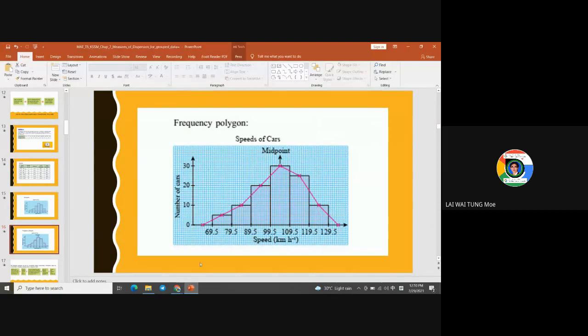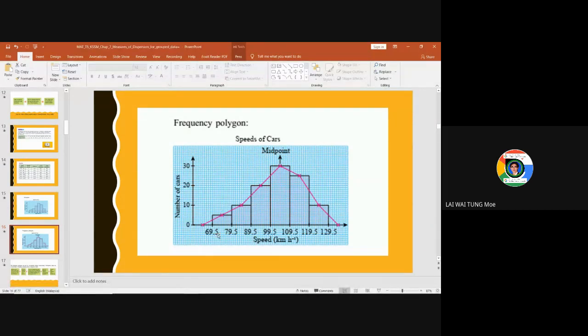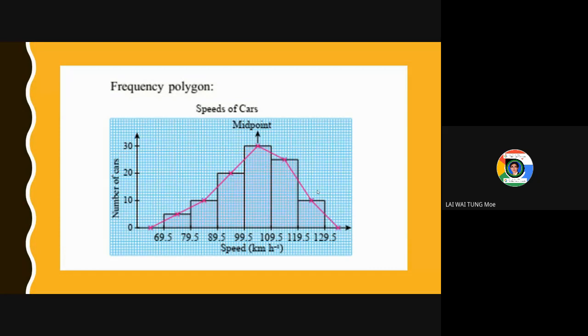Okay, so we continue. Just now I said that you can draw two graphs in one, meaning the frequency polygon and histogram on one set of axes. The difference between them is just the midpoint. For the frequency polygon, you need to use the midpoint.